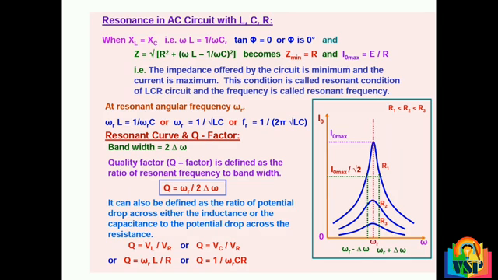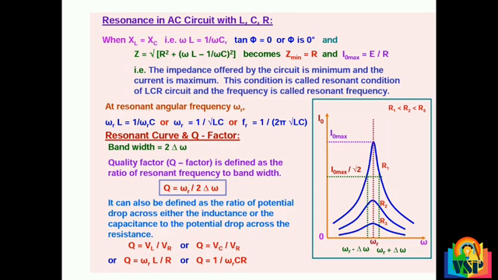An electronic circuit with a high Q value would respond to a very narrow range of frequencies and vice versa. The higher the Q value, the narrower and sharper the resonance.